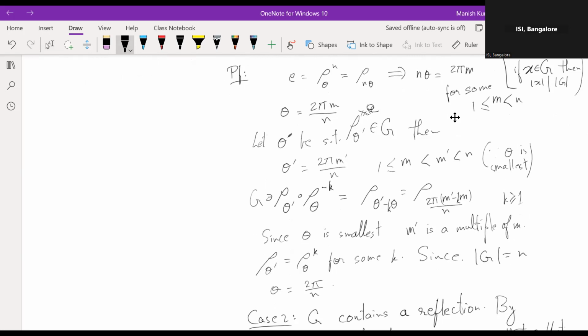If m prime is a multiple, so m prime is equal to m times k, then rho theta prime is just rho theta applied k times, because theta prime is 2 pi mk over n.